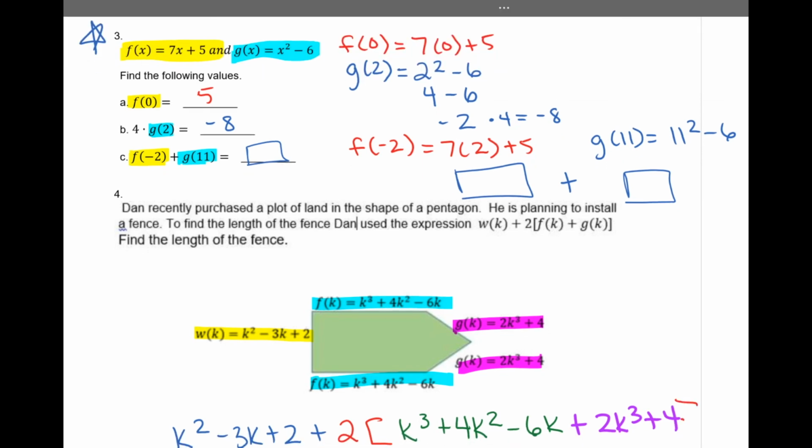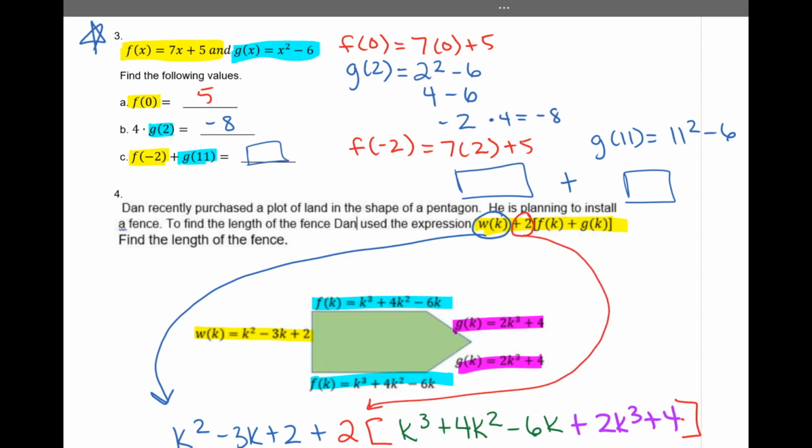So all that I did was I took this formula right here, and I applied it to this. So I took the blue section and I matched it with this. I took the red section, which is the +2, and I matched it here. I took the f of k, which is green.